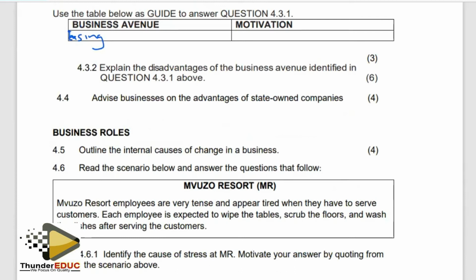Actually, the disadvantages of the business avenue identified in question 3.3.1. Disadvantages. Specifically, the lessee does not own the property for good, which is bad.